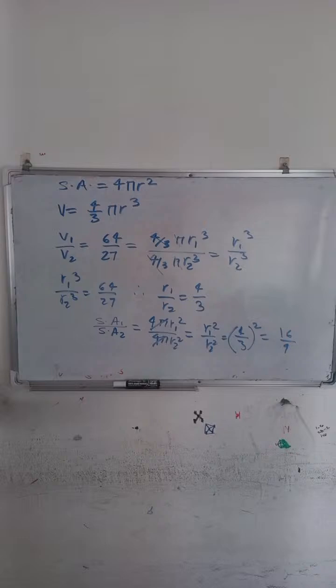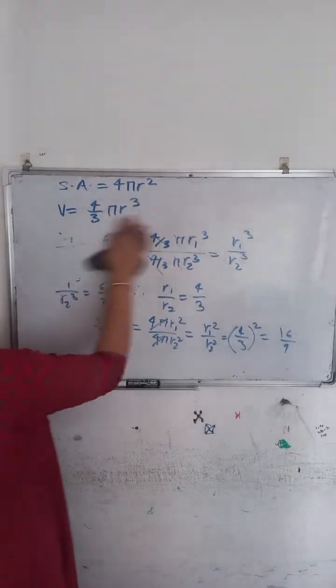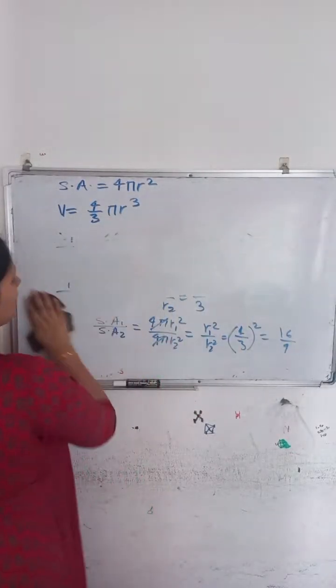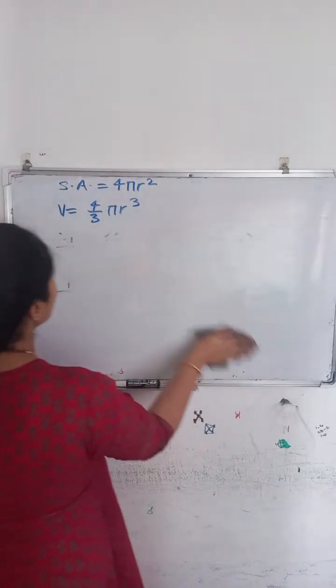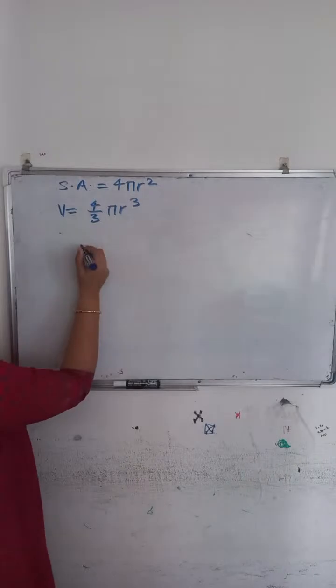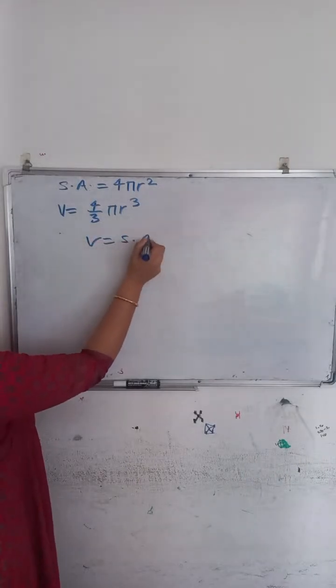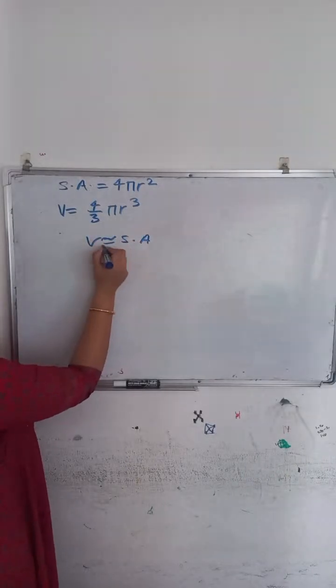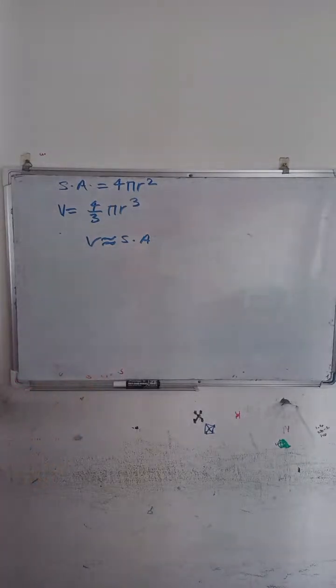So they are saying the volume and surface area of the sphere are numerically equal. Use the same formulas for volume and surface area of the sphere. We are not saying they are exactly equal, numerically they are equal.